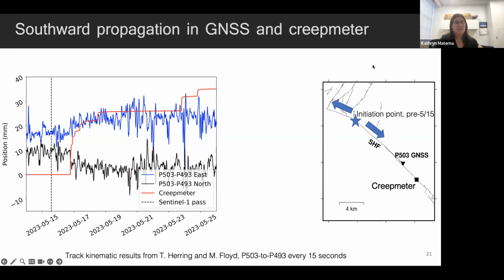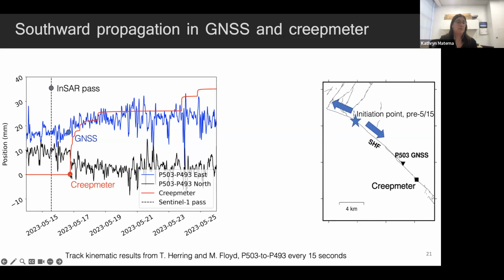Now, this analysis is still very new and very ongoing, and there are various ways that we can look at the time series and identify when a transient initiated, but at a very preliminary stage, we can identify a couple of points in time, such as when the InSAR satellite acquisition took place.